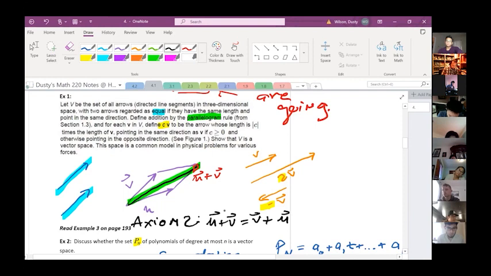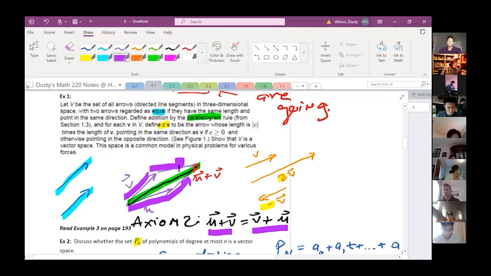Which of the pictures that we've already drawn shows axiom 2 is valid? Yeah, that second picture, because you have u plus v going, here's u and then v, and the v plus u is just doing it in the other order. And either way, you end up in the same place.